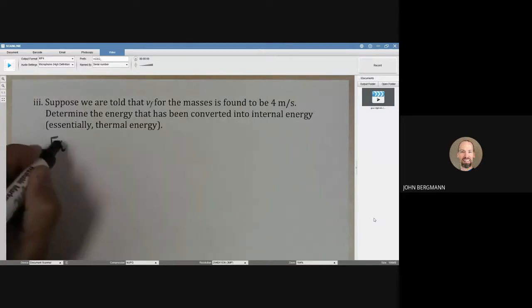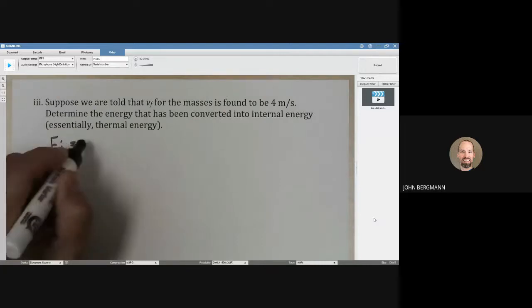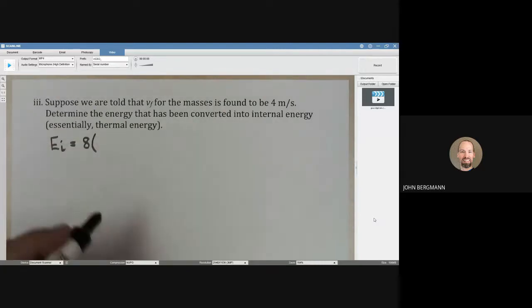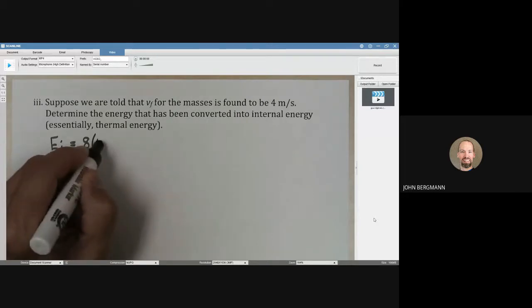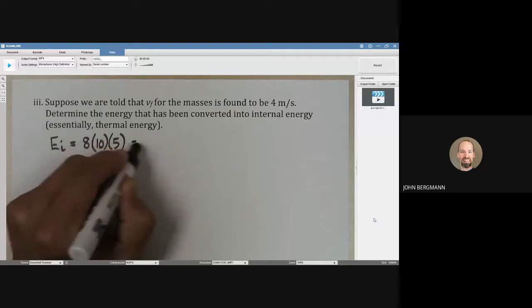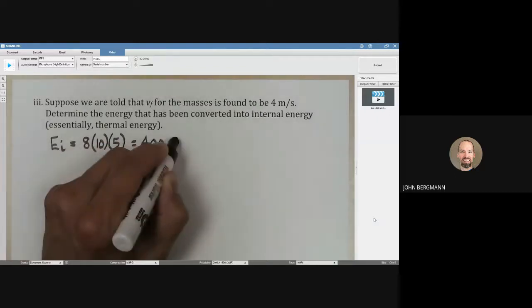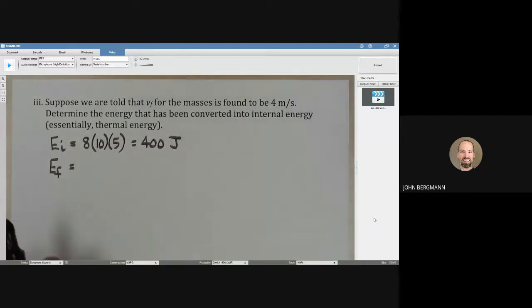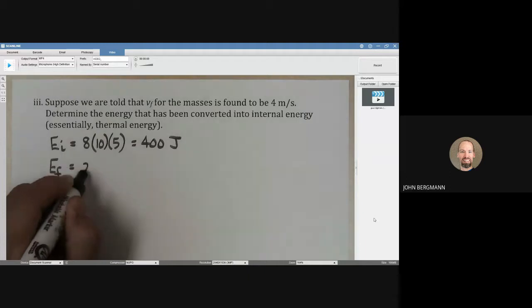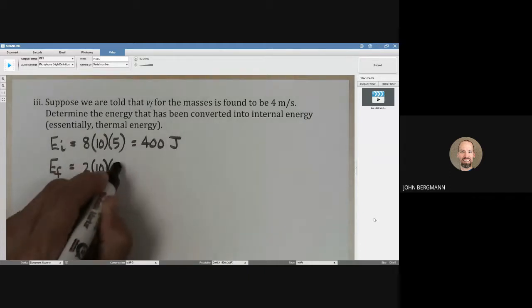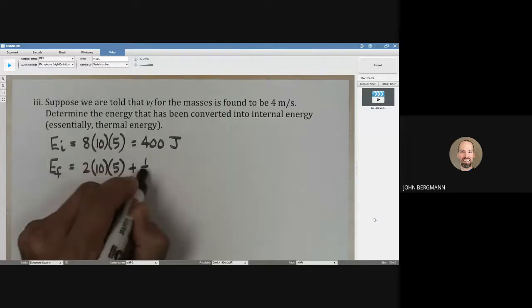Initially, just like we did, the total amount of energy is in that 8 kilogram mass as potential energy: 8 times 10, mgh, which is 400 joules. If we're told that vf is 4 meters per second, what kind of energy do we have at the end? Well, we recall that the 2 kilogram mass, mgh, has gone up 5 meters.